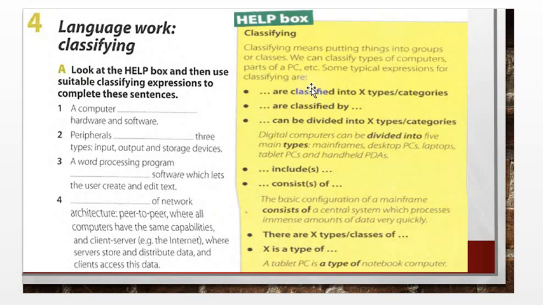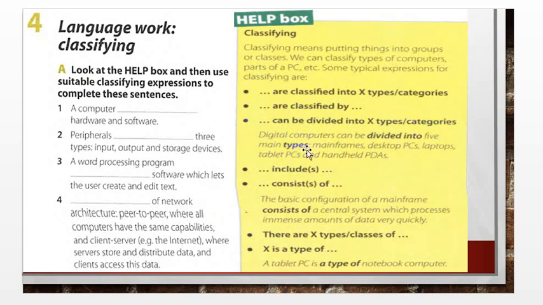Some expressions for classifying are: are classified into X types, are classified into X categories, are classified by, can be divided into X types, can be divided into X categories.